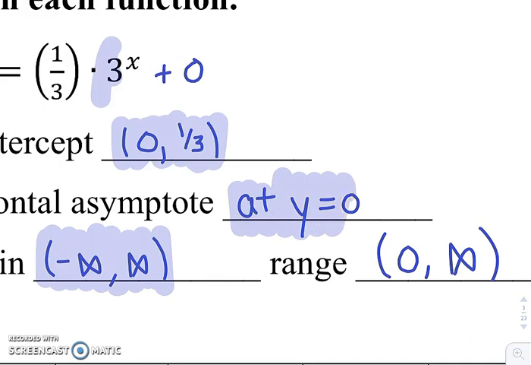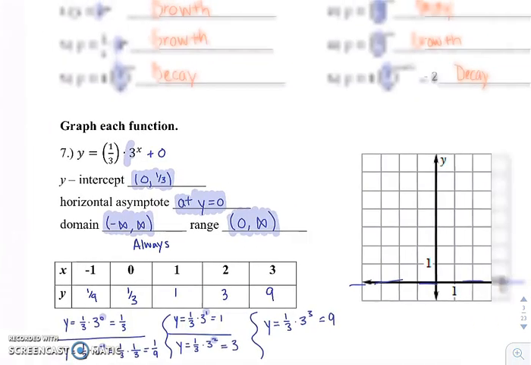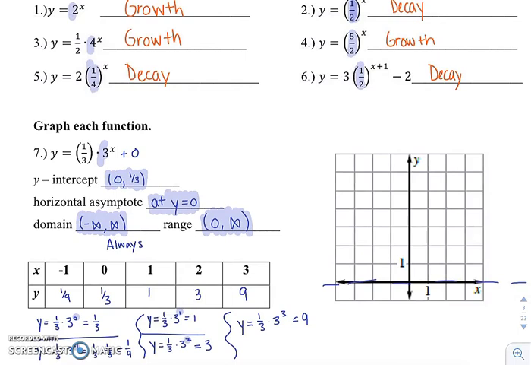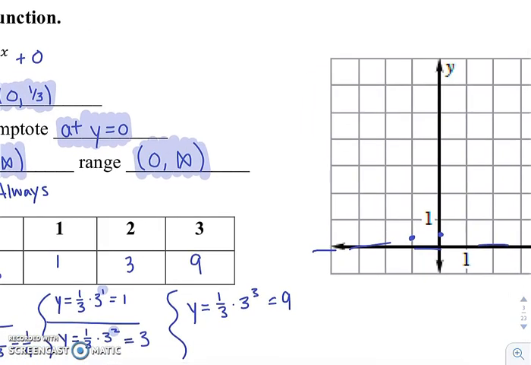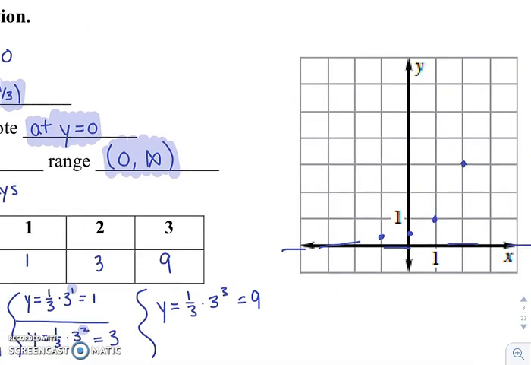For these, the domain is always going to be negative to positive infinity every single time for your exponential, whether it's growth or decay. So we have -1, 1/9; 0, 1/3; 1, 1; 2, 3; 3, 9. We'll just squeeze it up here and then draw it in.